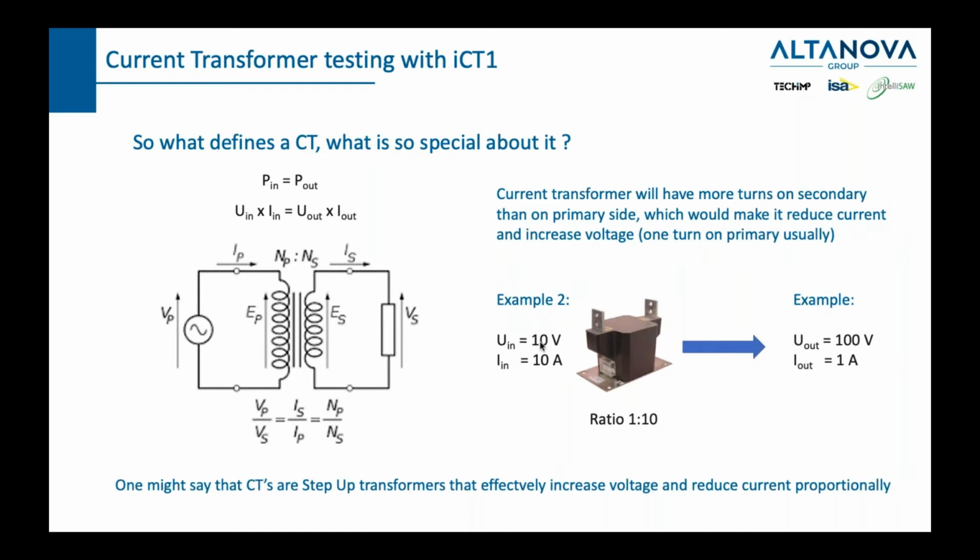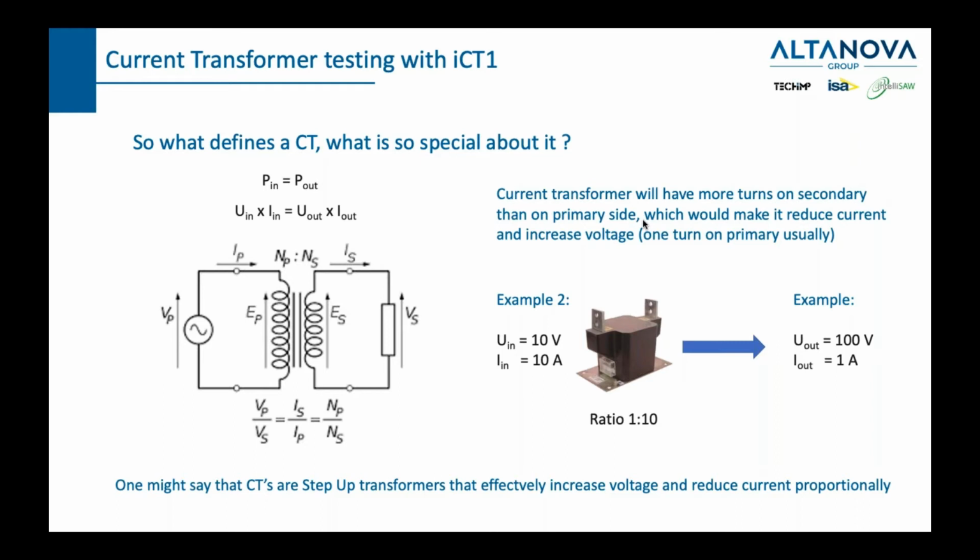The current transformer will be something that has more turns on the secondary side than on the primary side, which would make it reduce current and increase voltage. Usually on the primary side, it will have one turn, maybe two, rarely more.